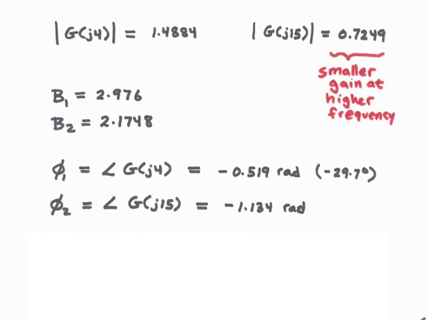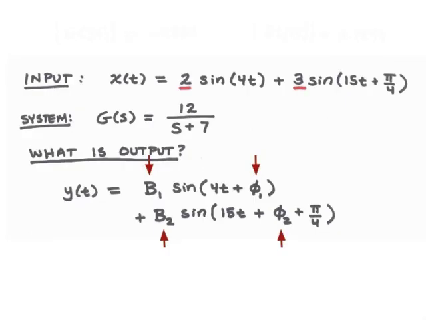These numbers are now ready to plug into the equation for y of t. B1 is the magnitude of the sine wave at 4 radians per second in the solution, and B2 is the magnitude of the sine wave at 15 radians per second.